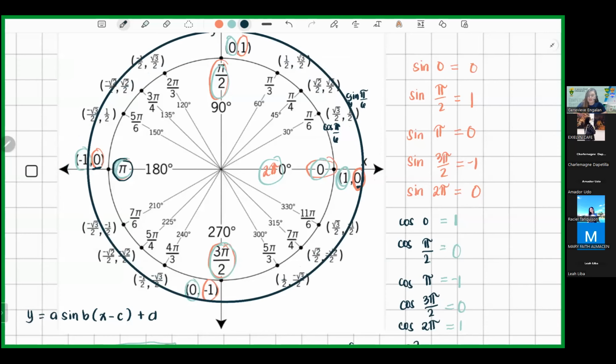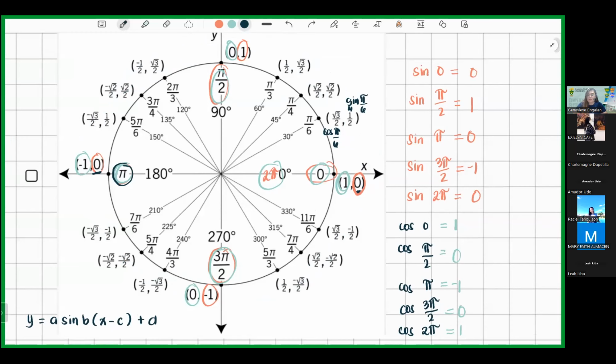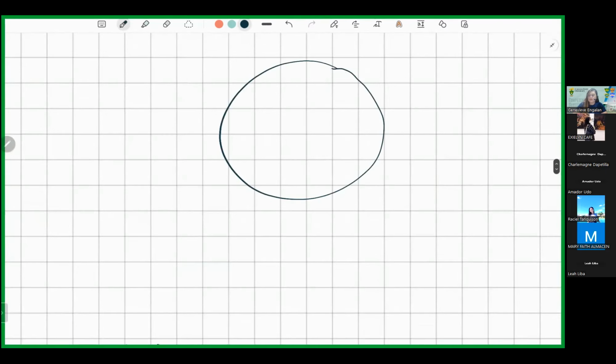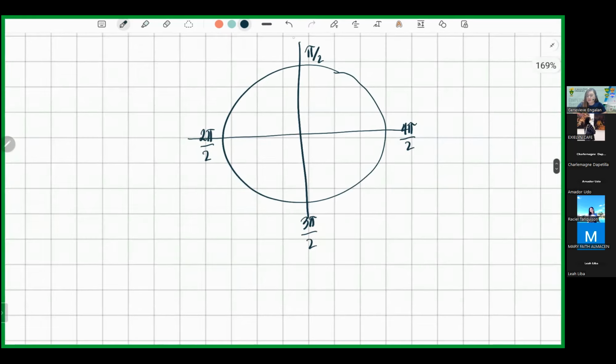It is the same there. 5 pi over 2 is the same as pi over 2. Then 6 pi over 2, 7 pi over 2, 8 pi over 2.